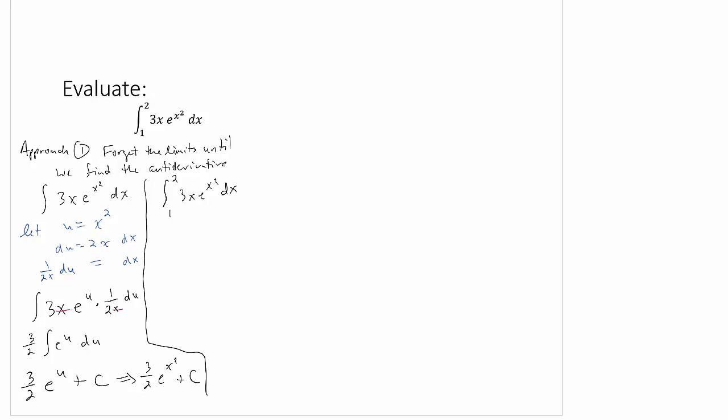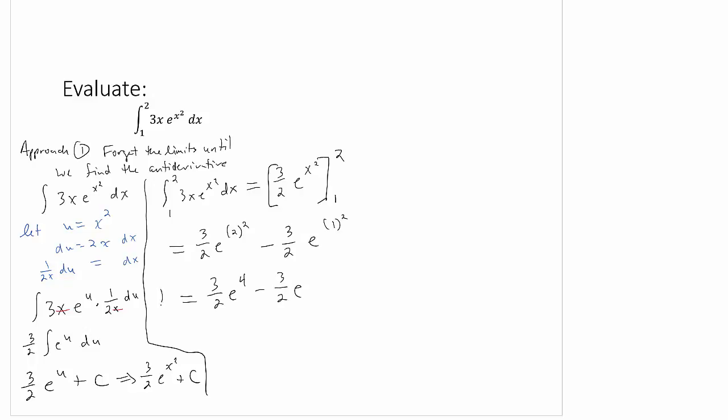So then the integral from 1 to 2 of 3x e to the x squared dx, remember we don't need the constant of integration anymore. And so then this would be 3/2 e to the x squared from 1 to 2. We substitute the upper limit. Subtract. We substitute the lower limit. And so that would be 3/2 e to the 4th minus 3/2 e to the 1st. And so our integral is equal to that number, whatever it happens to be.